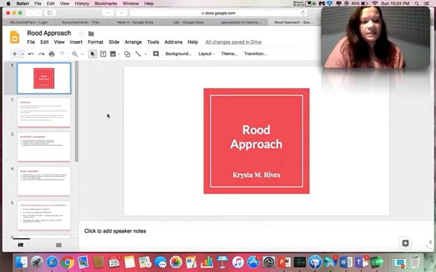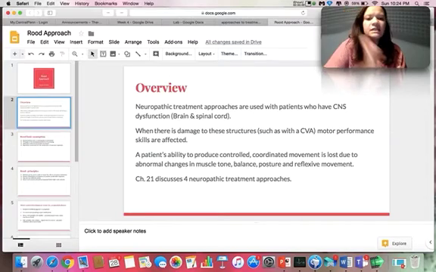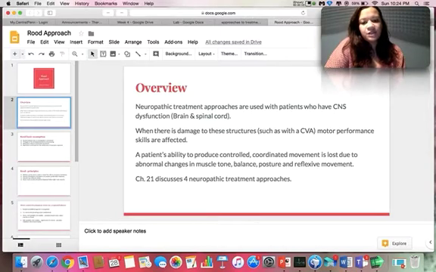We are going to be talking specifically about the Rood approach today. So, a basic overview of neuropathic treatment approaches. They're used with people who have CNS dysfunction, so we're talking about the brain and spinal cord. When there's damage to these structures, such as after a stroke, or CVA, motor performance skills are going to be affected.